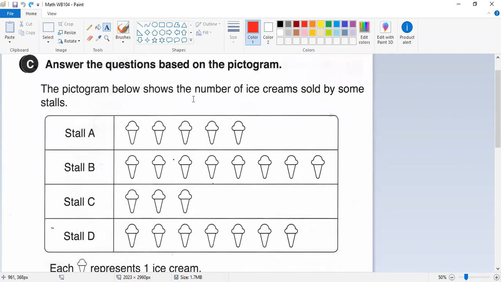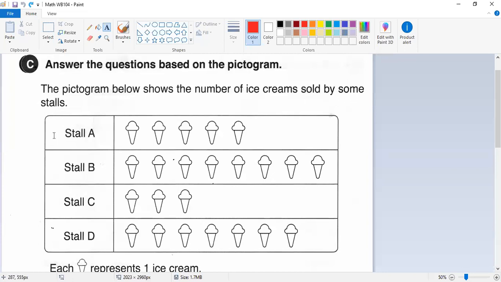Remember, we have to know what we're looking at. That's the title of the pictogram. The pictogram below shows the number of ice creams sold by some stalls.